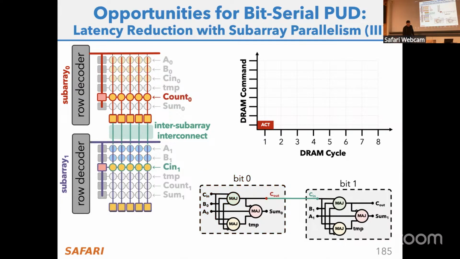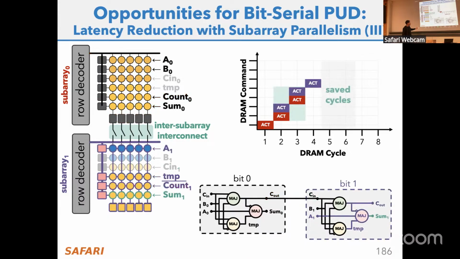Then I copy those carry bits to the other DRAM subarray that has data from the follow-up bits in the bit precision. And once this is copied, the carry out is propagated and the dependency chain is broken. And now I can concurrently execute those individual majority gates across different DRAM bits at the same time in neighboring DRAM subarrays, hence allowing me to save DRAM cycles for this bit 0 operation over here.